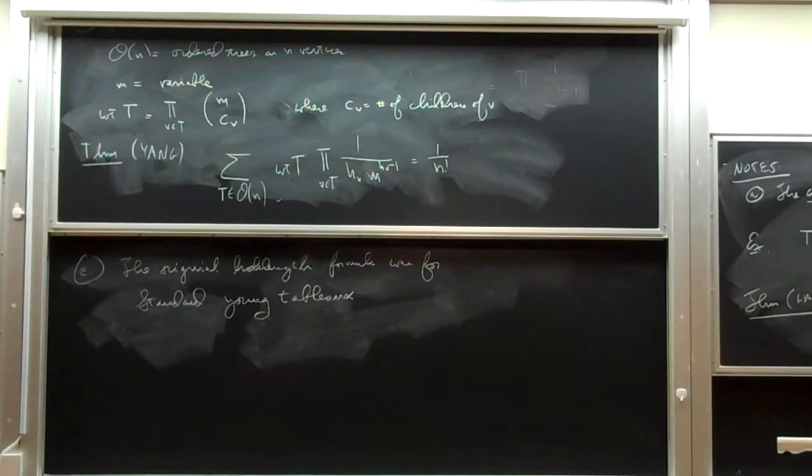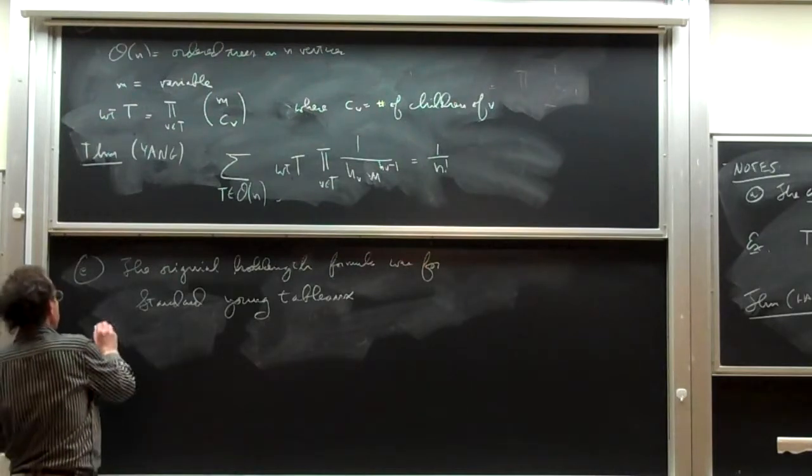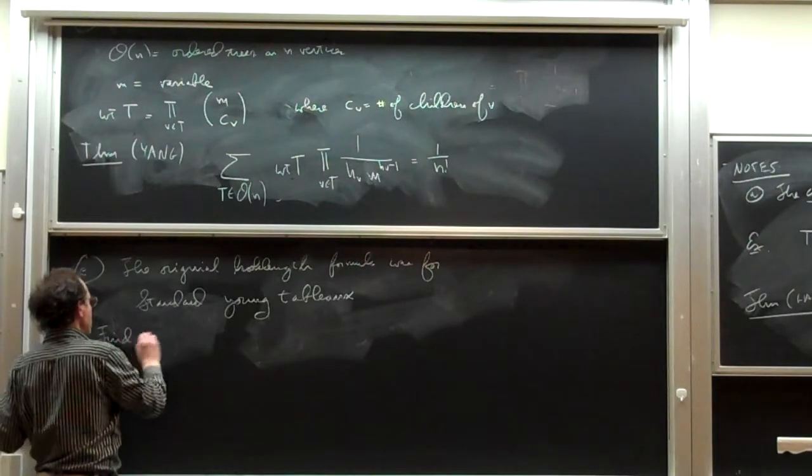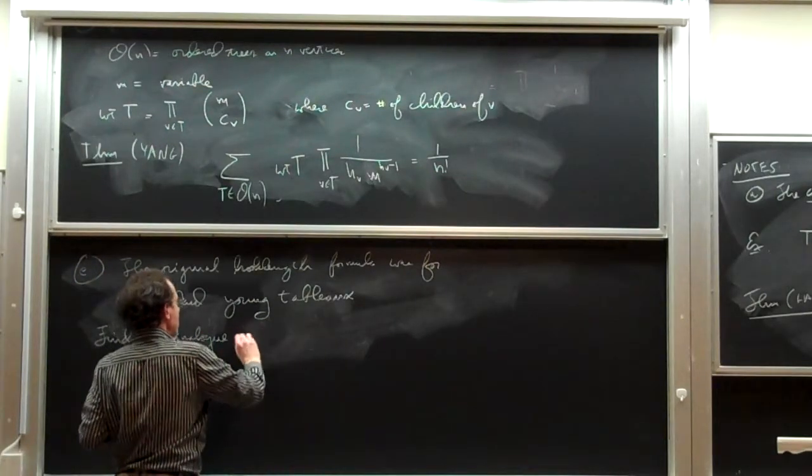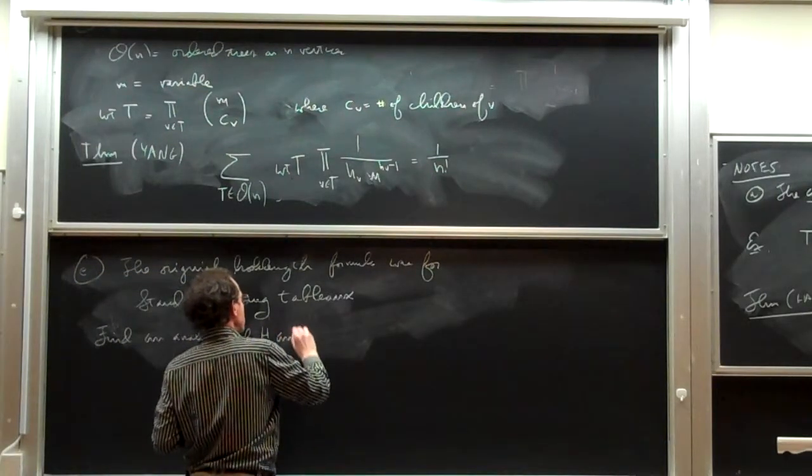I have no idea what even the analog of either of Han's formulas are for the standard Young tableaux case. So the question is, find an analog of Han's formulas.